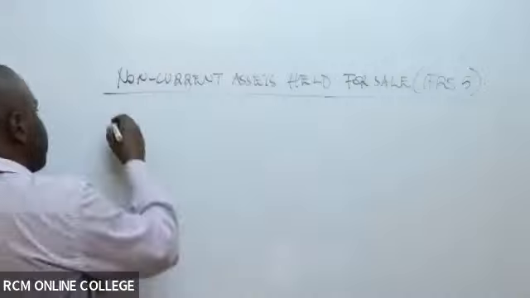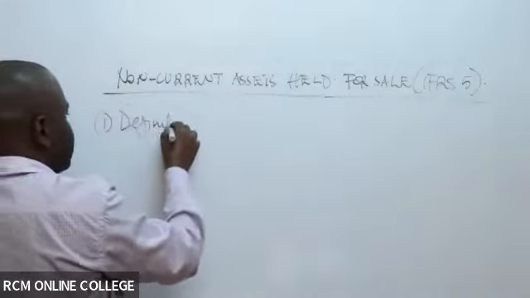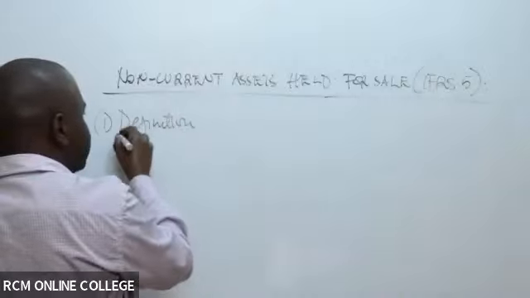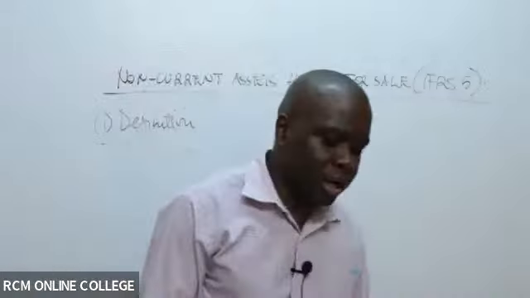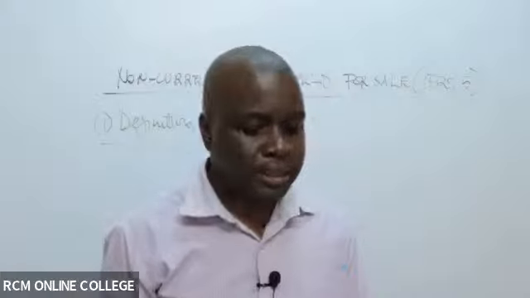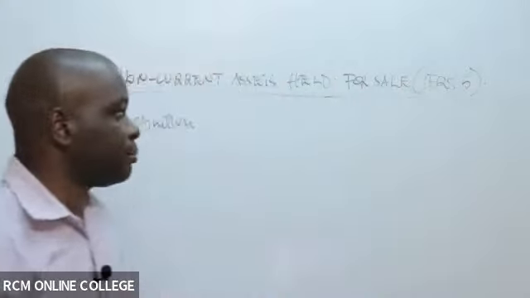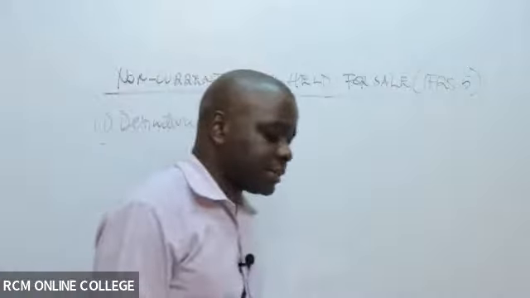Of course, we can start by looking at number 1, the definition. What are these non-current assets held for sale? You can say these are assets which an entity plans to sell.